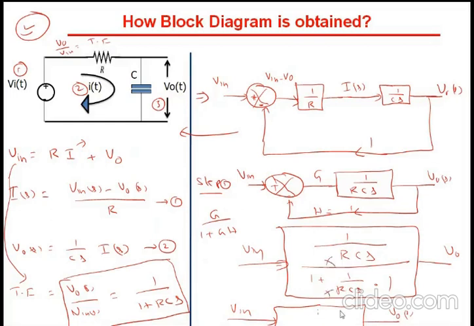Here you will get only 1 divided by 1 plus RCS is the answer. If you observe the answer using the differential equation method and the block diagram method, both are same.